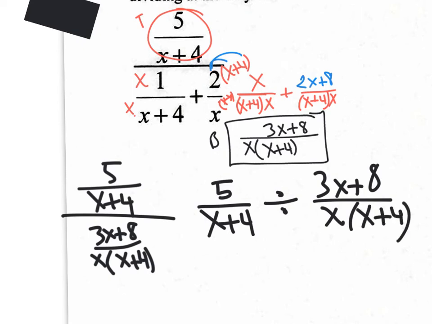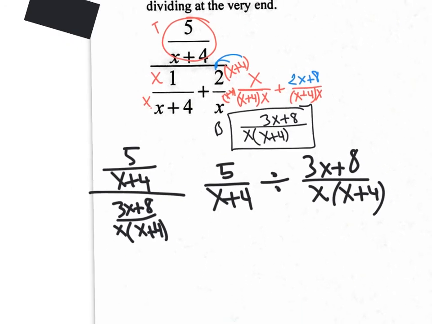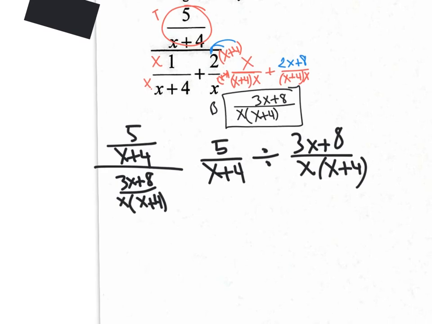Are you with me? All I did was change the vertical division problem, this divided by this, and I rewrote it as the top one, division sign, bottom one. Everybody cool with that?